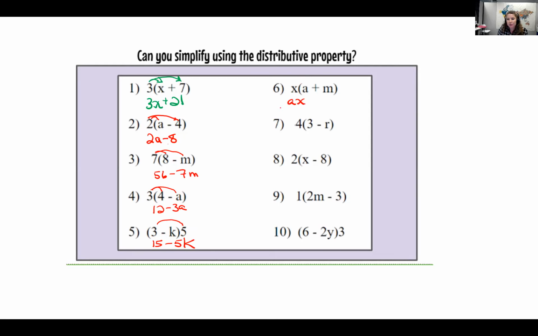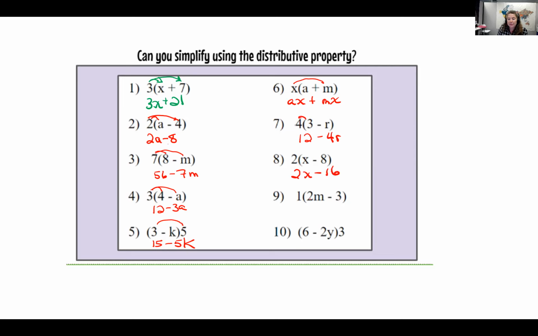Doesn't matter. Usually we put them in alphabetical order. And then x times m is xm, or since m comes first alphabetically, we'd say mx. Number 7 is 12 minus 4r. Number 8 is 2x minus 16.